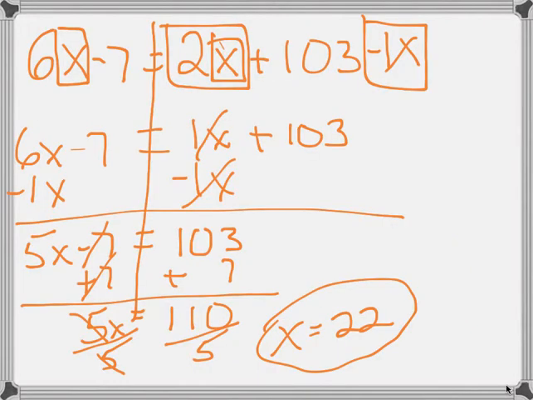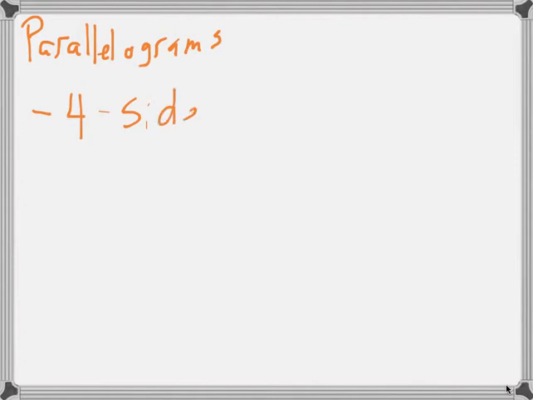So, all right, let's talk about the basic facts of parallelograms real quick, and then we'll go over some of the proofs tomorrow in class. So, parallelograms. What do we know here? Well, parallelograms are four-sided figures.